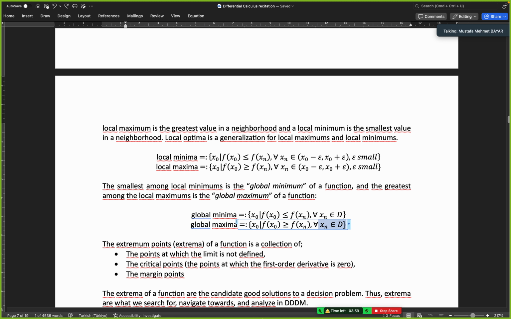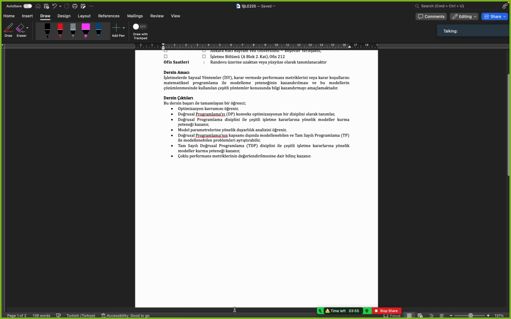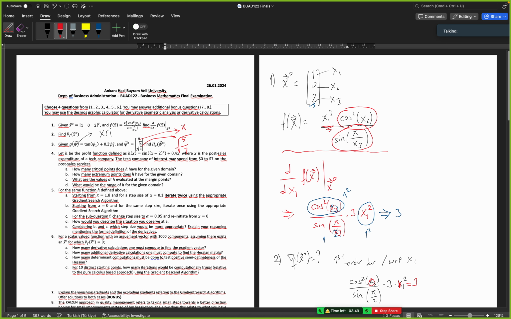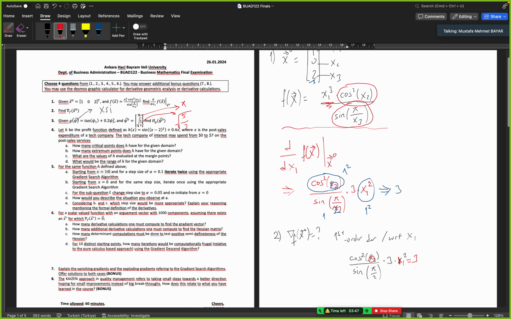Okay, then let me just continue with the fifth question. If I can get to that file, yeah. For the same function h, starting from 1.8 and with a step size of 0.1, we are asked to iterate twice using the appropriate gradient search algorithm.